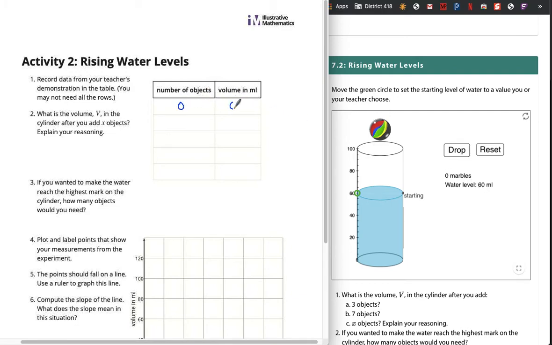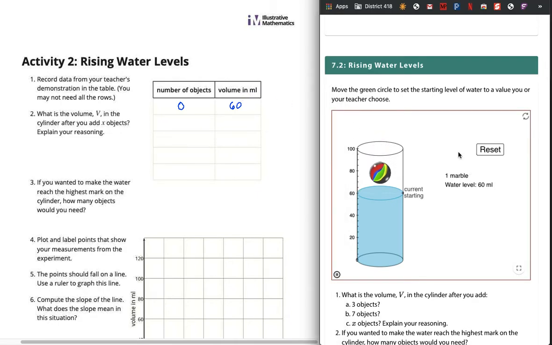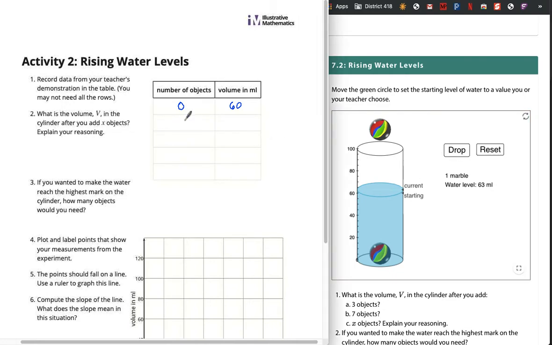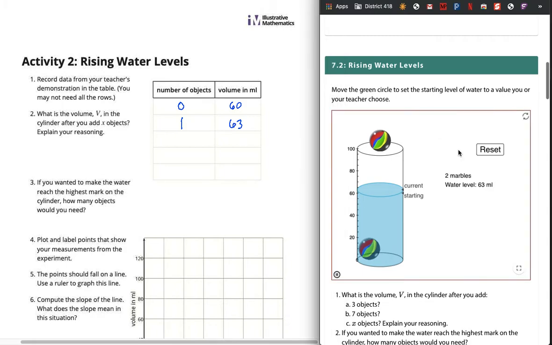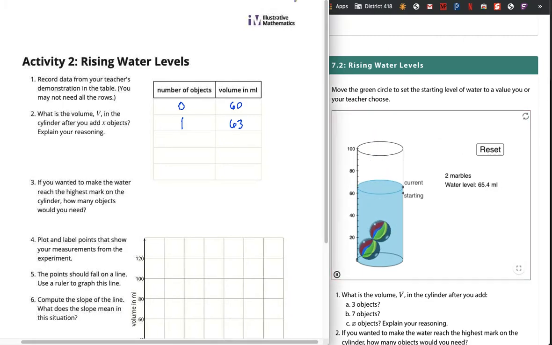And if I drop 1 marble in, now there's 1 object in the water, and now the level is at 63. Okay, and I can drop another one in the water. And now I've dropped 2 in, and the level's at 66.